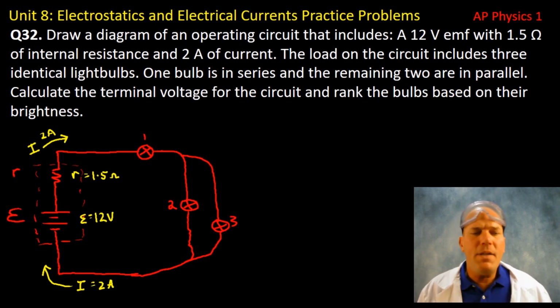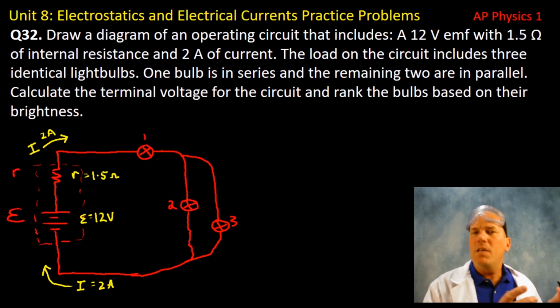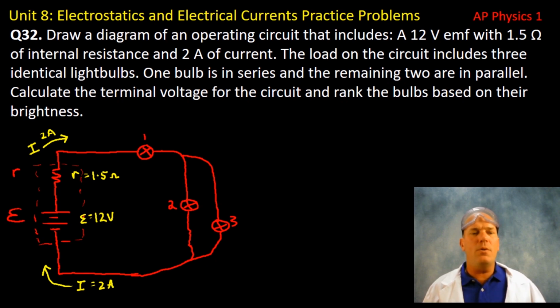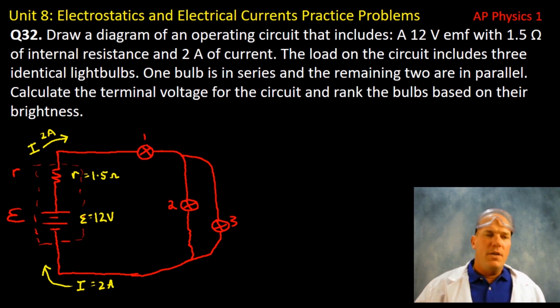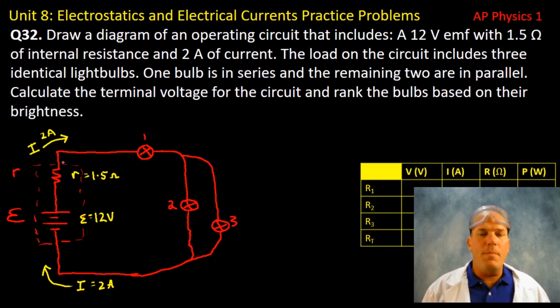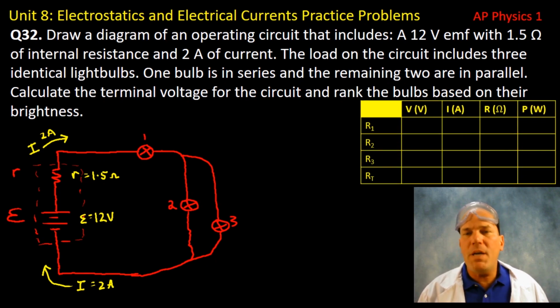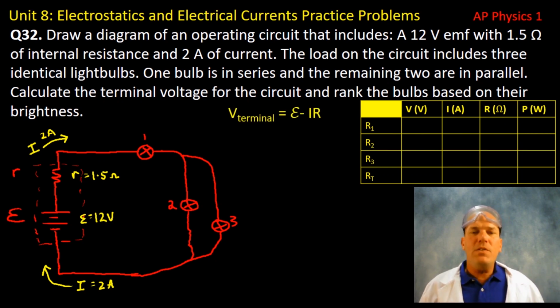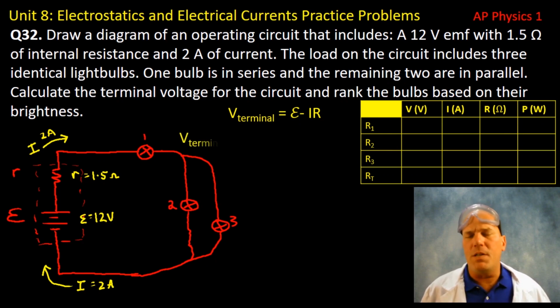Okay, so labeling everything now, cleaning it up a little bit here. Our EMF 12 volts, internal resistance denoted with a lowercase r, 1.5 ohms. Total current shown on either side of the battery. Now let's do a VERP table and start getting what we know. First, let's find the terminal voltage.